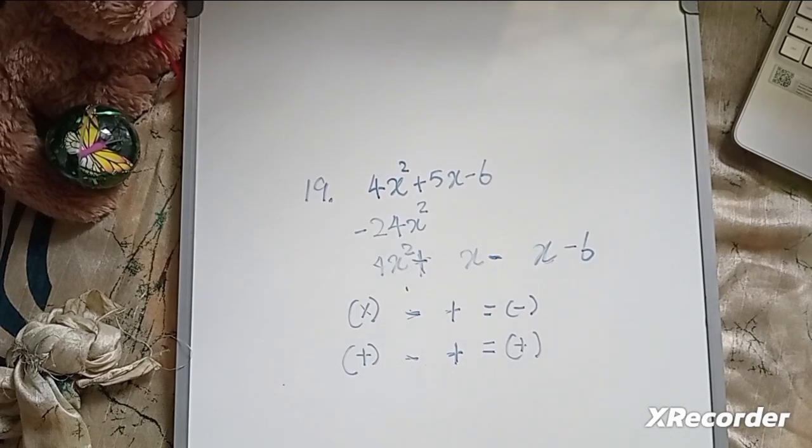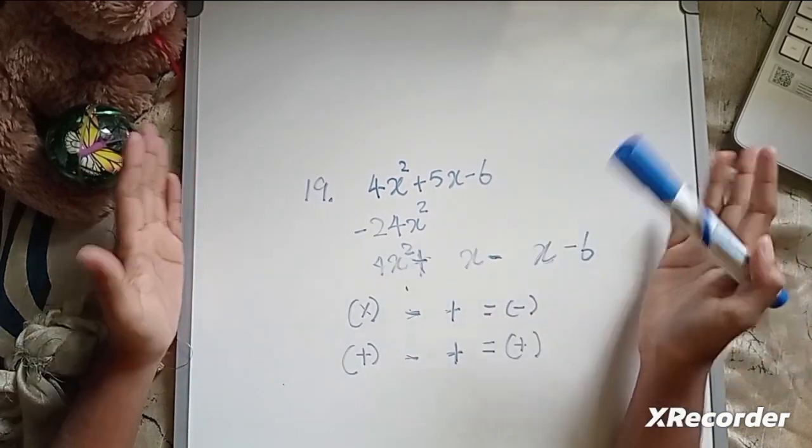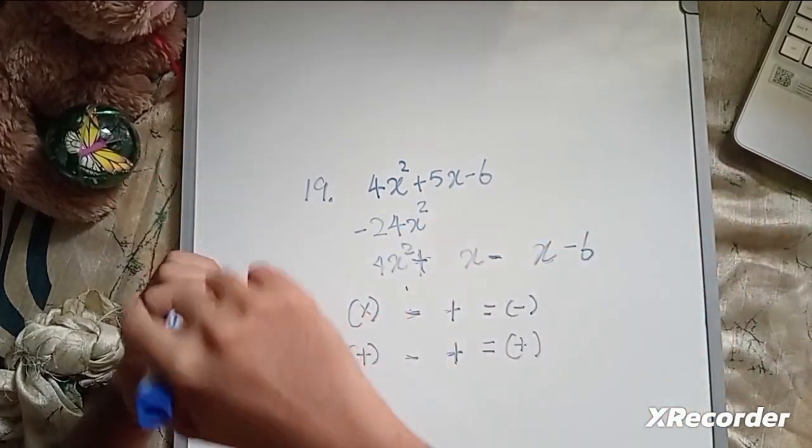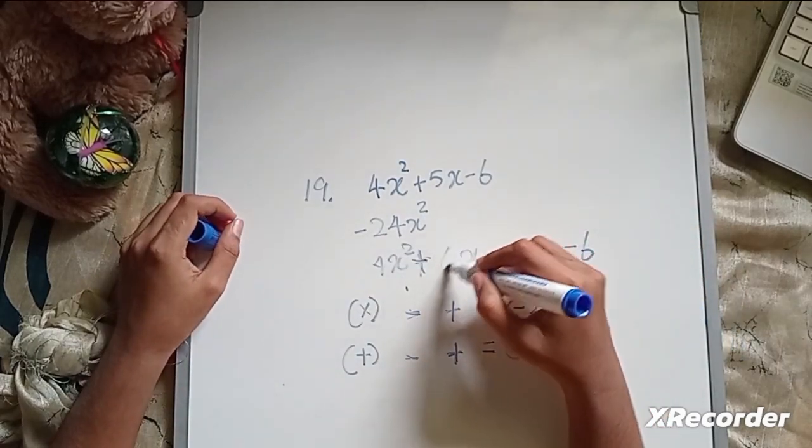Then by adding these, we want to get plus 5. By multiplying this, we want to get minus 24. So we have already decided the signs. So we just have to decide the numbers.